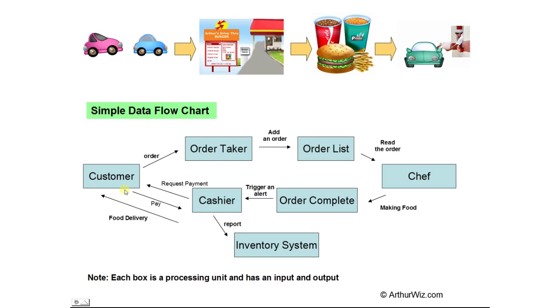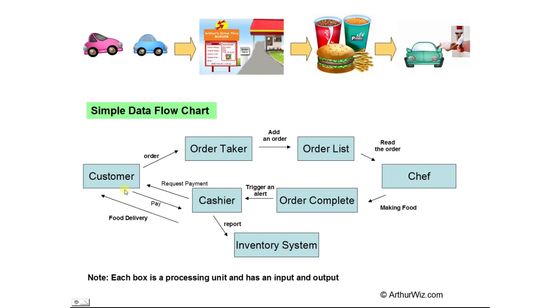So once we understand the interaction of each object with the other objects, we can focus on the data itself, what's passed in and what's passed out, and create a simple data flow chart which describes how data flows from one object to another object.